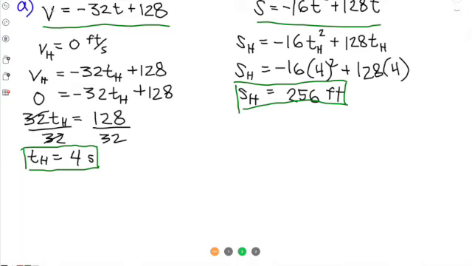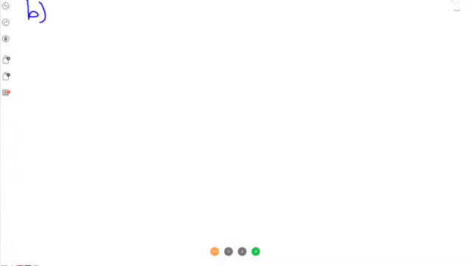Since we don't know the velocity, it looks like we cannot use this equation, right? We will just have two unknowns. So let's take a look at this one. At that position on the ground, what is S? The position there would be 0. Let me write this equation on the other page. S is equal to negative 16t squared plus 128t.